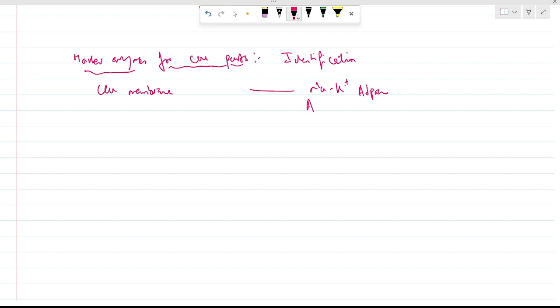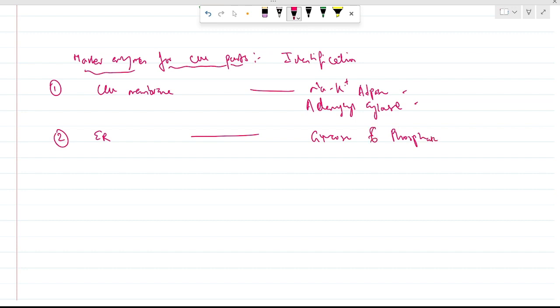Another we need to remember is adenylyl cyclase. Adenylyl cyclase and sodium potassium ATPase are marker enzymes of the cell membrane. Next is the endoplasmic reticulum. For endoplasmic reticulum, it is glucose 6 phosphatase.